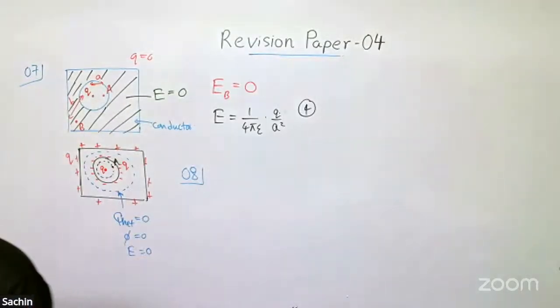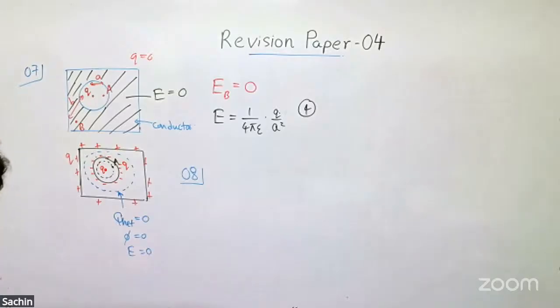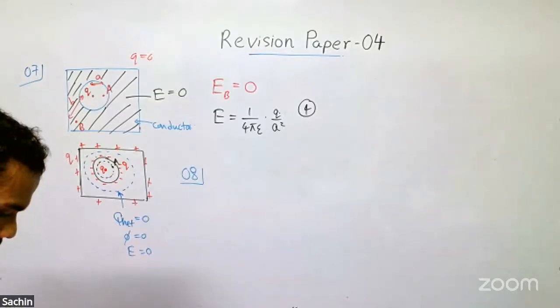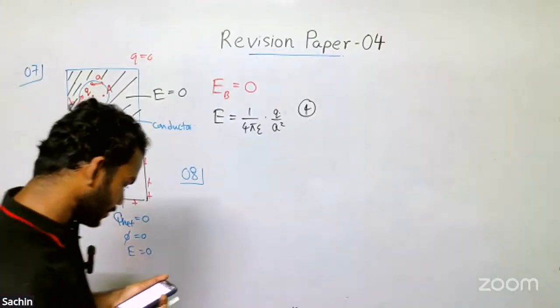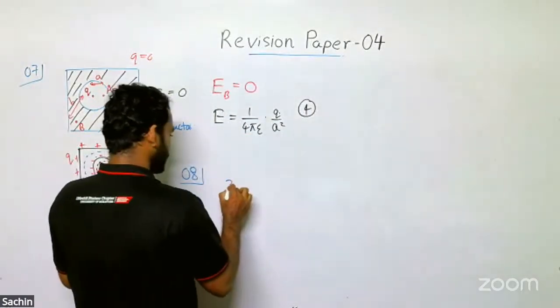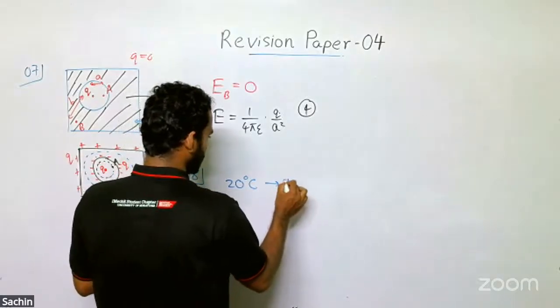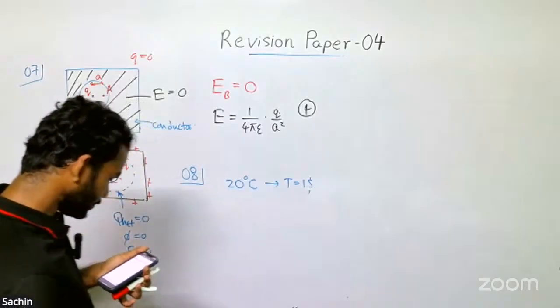Question number 8. A clock with a pendulum bob consisting of a steel wire shows the correct time at a temperature of 20 Celsius with a period of 1 second. Okay, this clock shows the correct time with period 1 second at 20 Celsius.